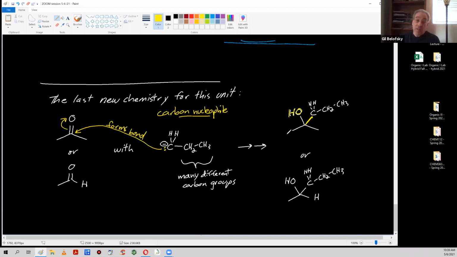Otherwise, isn't this exactly the same? I hope. If you're looking at this and you're saying this looks completely different, I've never seen anything like it, I would start to get worried.